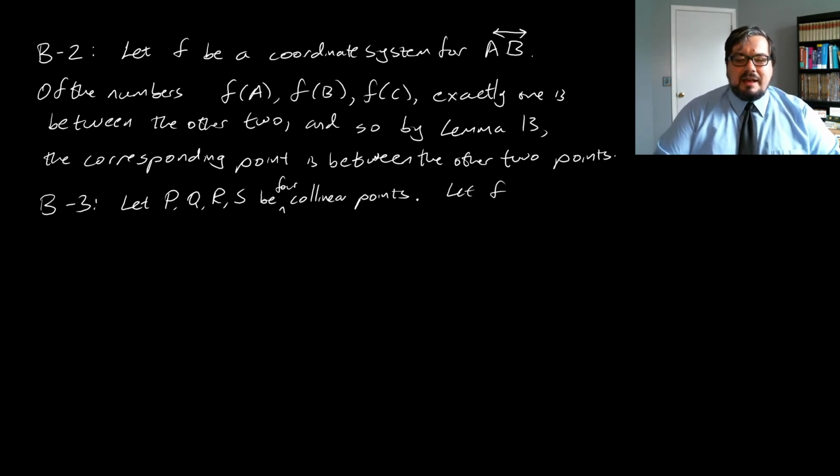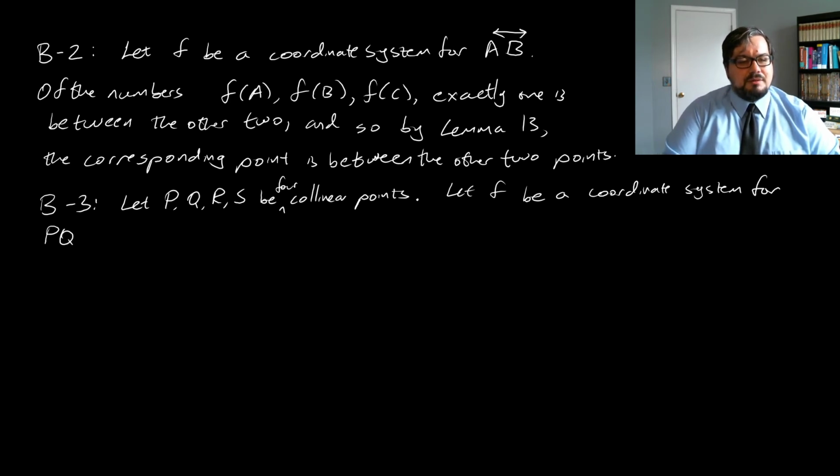And let's let F be a coordinate system for the line PQ. So now we've got 4 numbers, F of P, F of Q, F of R, and F of S.